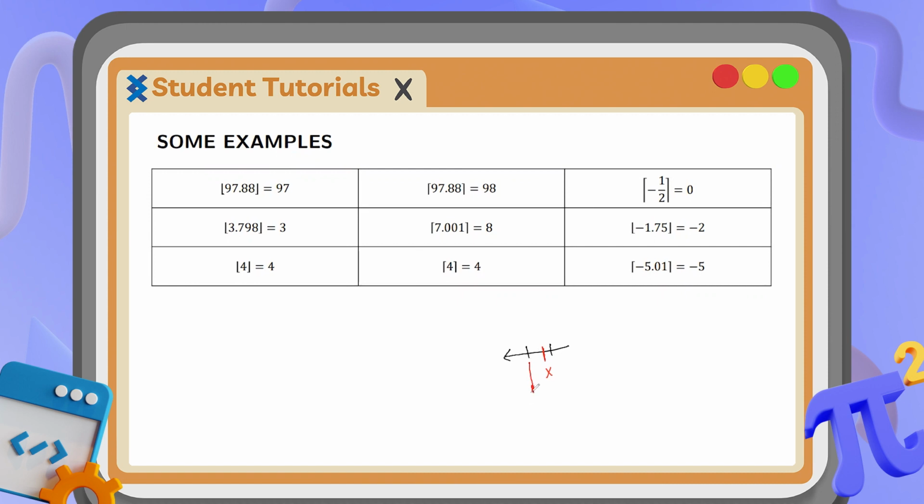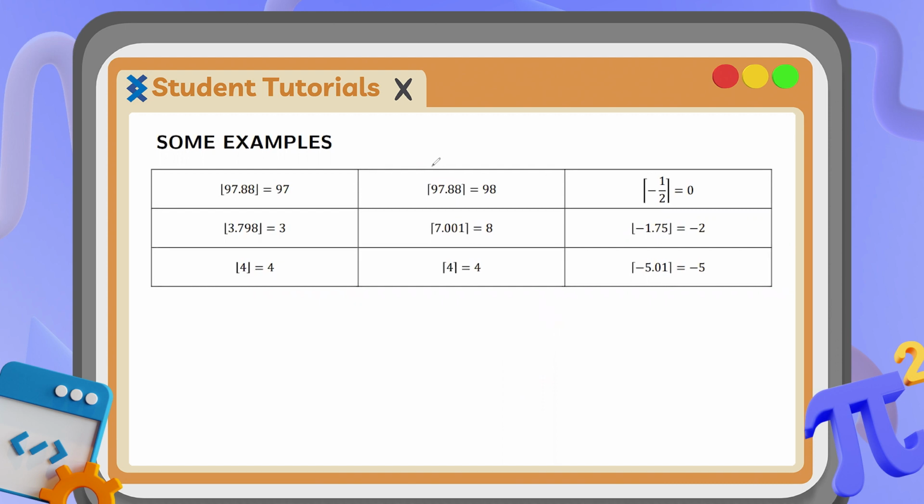So if this was negative x, this would be your floor function, and this one would be your ceiling function when you apply to a negative number. And if it's a whole number, you basically just maintain the same value. So you can look further into the value examples over here.